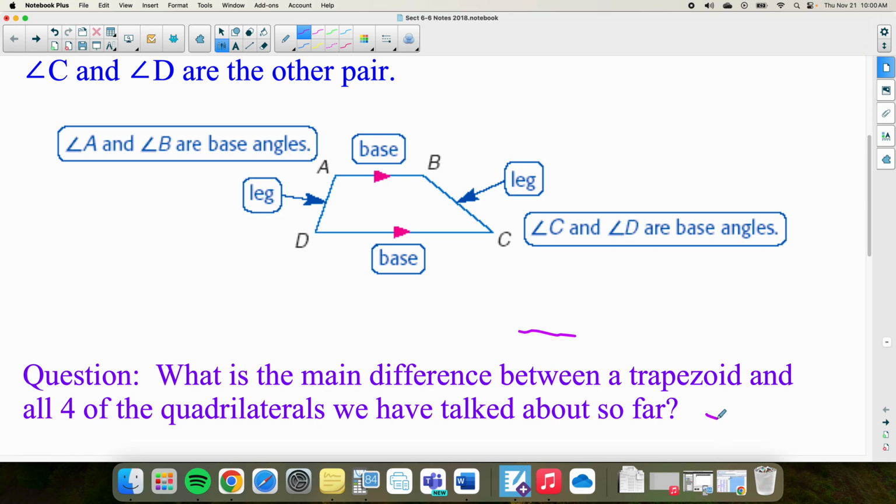And then in a trapezoid, this angle and this angle are called a pair of base angles, as well as this angle and this angle are a pair of base angles. Okay, so that's a regular trapezoid, what that looks like. So bases are parallel, legs are not parallel, and these two together would be a pair of base angles, as well as those two would be.